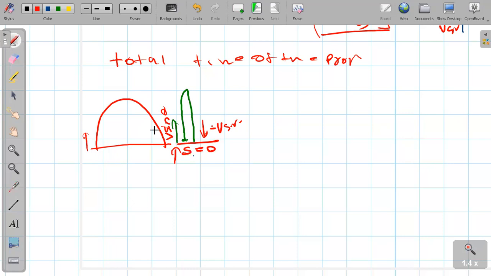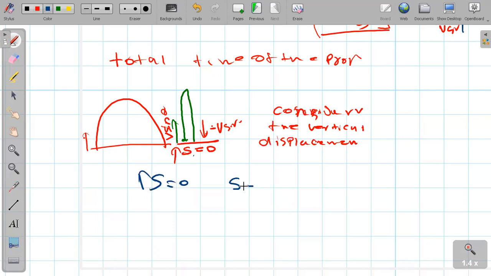So again, considering the vertical displacement, what is it? The vertical displacement is 0. So I can write S equals ut plus half at square.